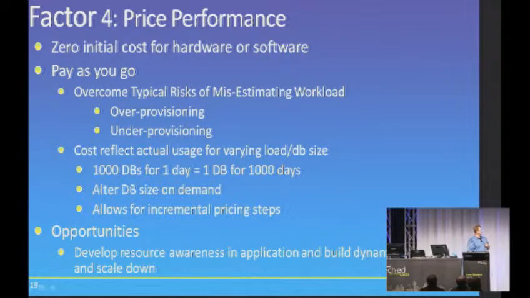So we have one of the large customers. What they actually do is, they have a very cyclical work pattern in their application, and their application will be completely silent for a period of weeks. And then they'll have a day where they know, oh, I have to run my month-end orders, I have to run payroll. And so what they'll do is spin up additional SQL Azure databases, additional Windows Azure resources, just for that one day.